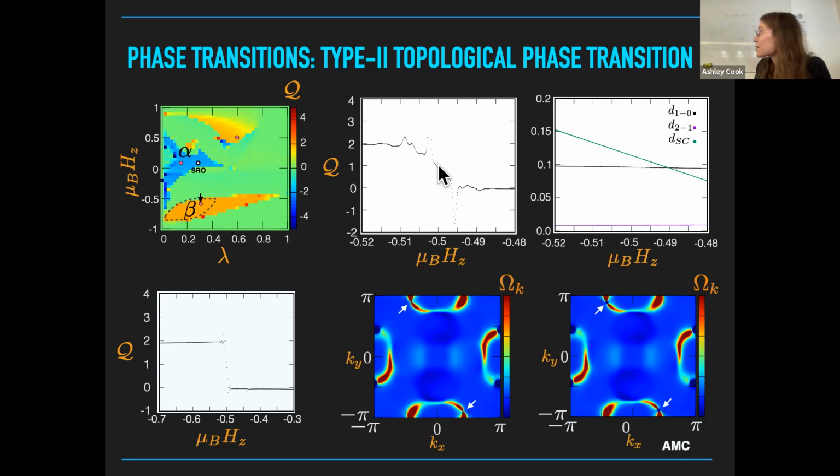If you're a little concerned about these fluctuations indicating that maybe this is not really a topological phase transition, one thing that I could also show you is the plot of what I call the spin curvature, basically the integrand of the Skermion number over the Brillouin zone, just to either side of the phase transition.